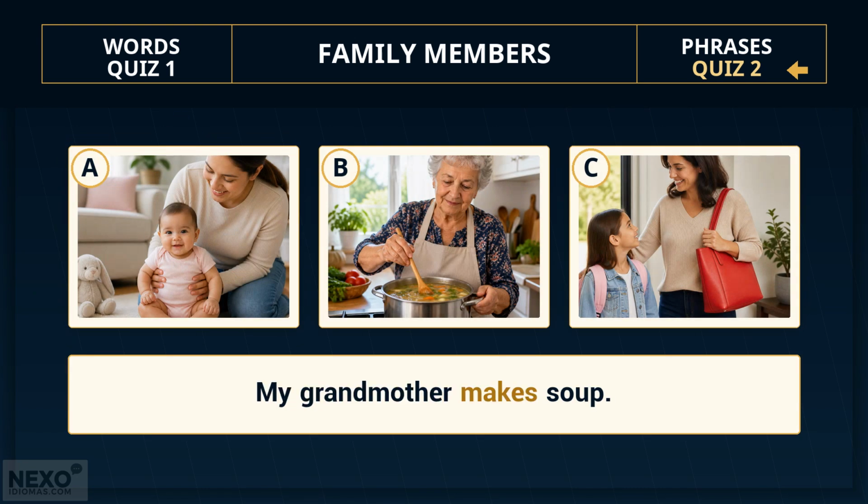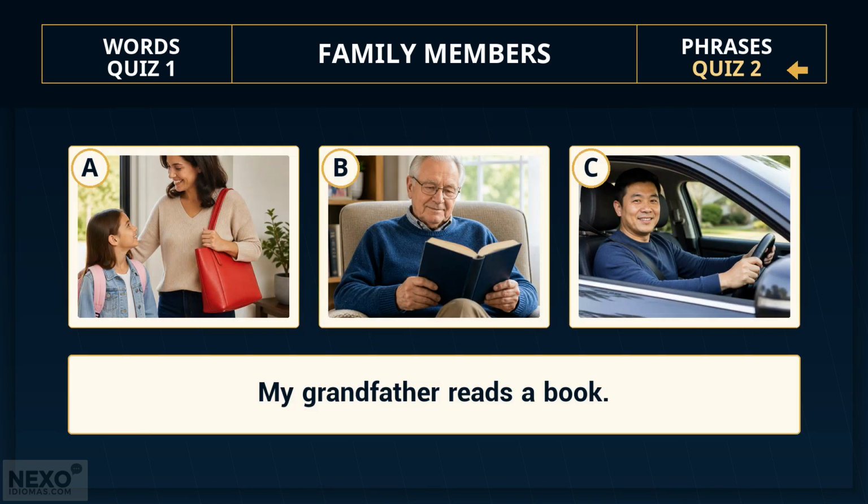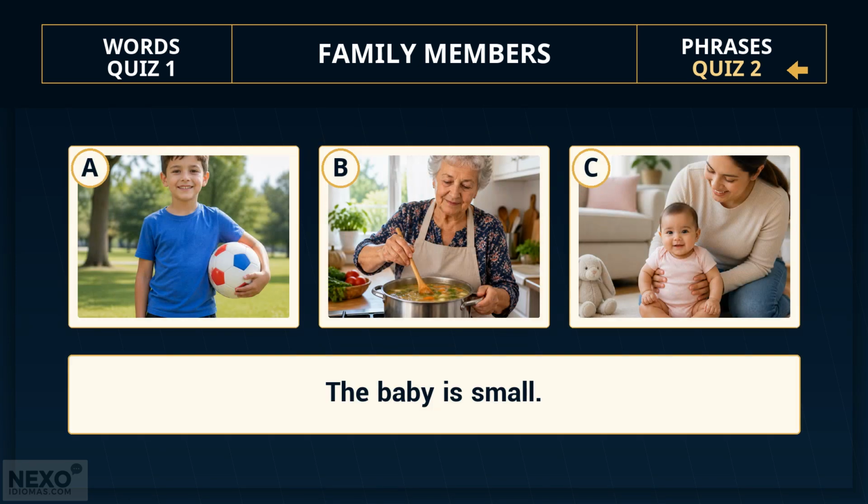My grandmother makes soup. B. My grandfather reads a book. B. The baby is small.